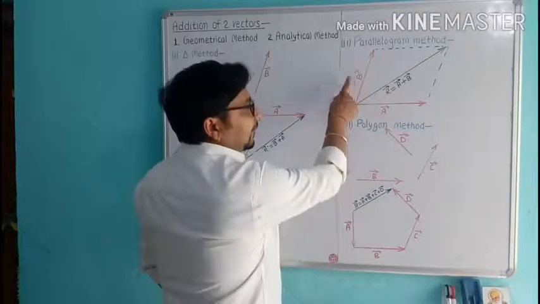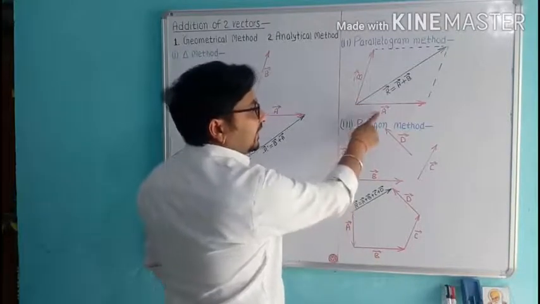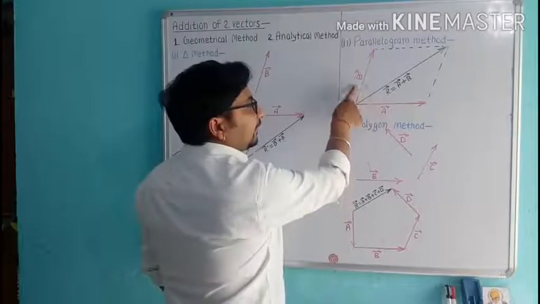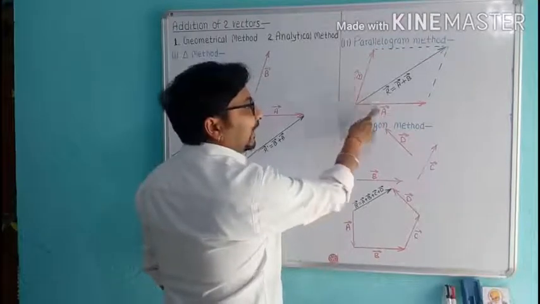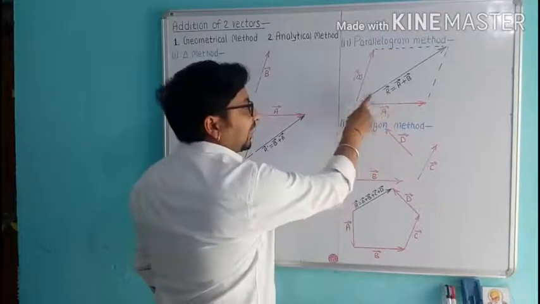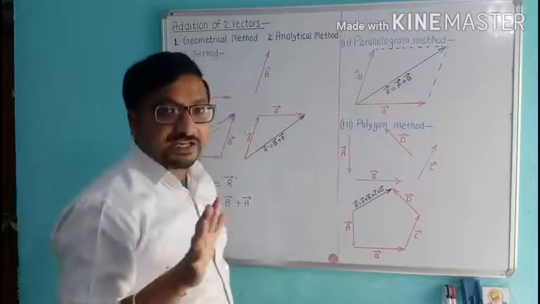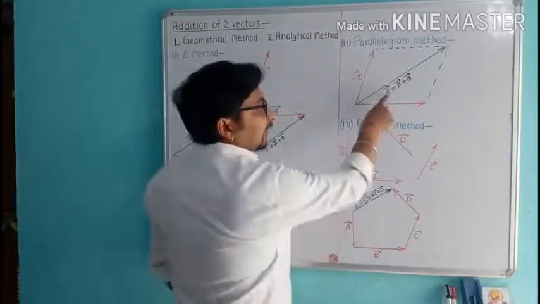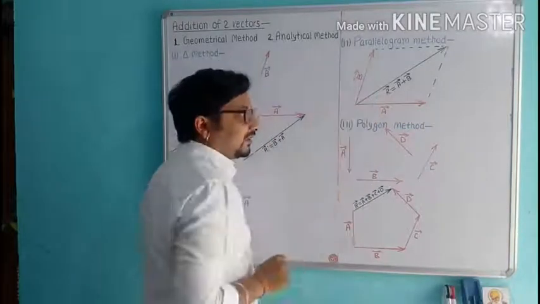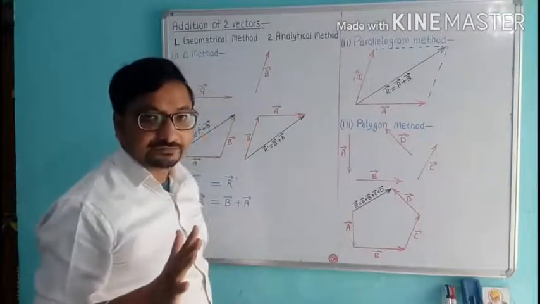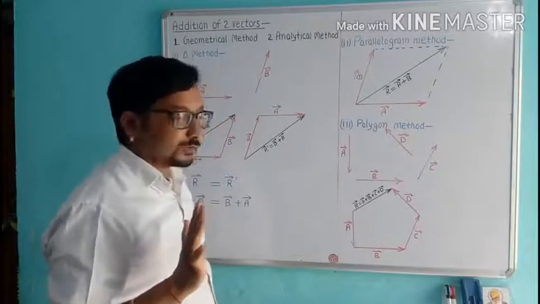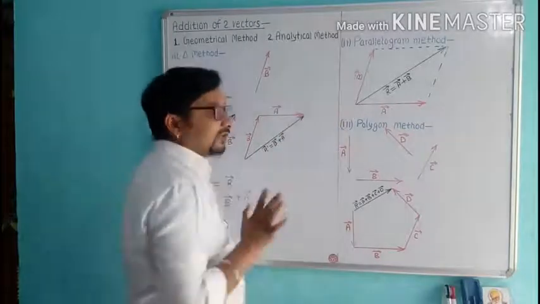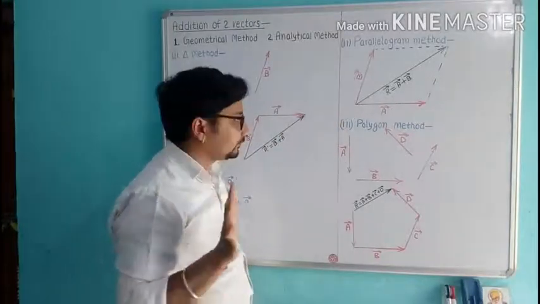Vector A and vector B look like the adjacent sides of the parallelogram, and vector R, their resultant, represents the diagonal of the parallelogram. So this is the parallelogram method for vector addition.